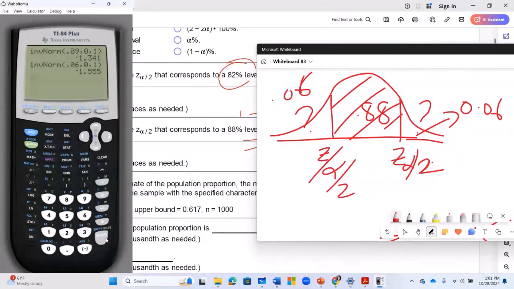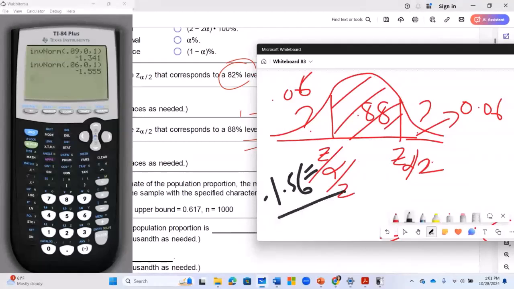So that is the Z value corresponding to the 6th percentile.